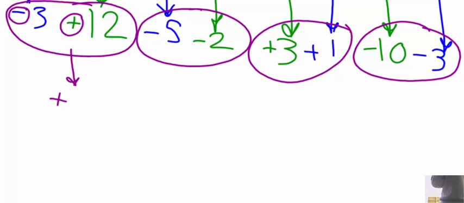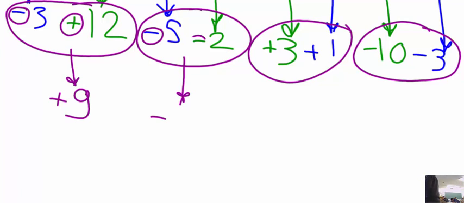Subtract. 12 minus 3 is 9. So the big number sign is 5, which is minus. I don't care whether the sign is positive, positive or negative, negative. As long as they are the same sign, I'm going to add. 5 plus 2 is 7.